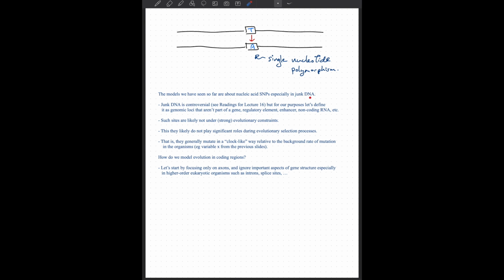And there's a lot of junk DNA in the human genome, although that's an extremely controversial topic right now. It's not required, but it's recommended reading in lecture 16 from a famous molecular evolution researcher, Ford Doolittle at Dalhousie University.